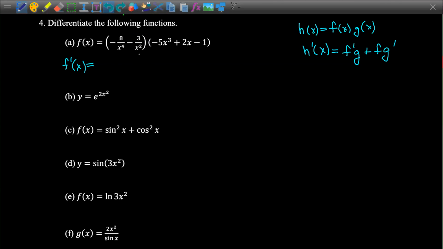So we have minus 8 times minus 4, which is positive 32x to the minus 5, and then minus 3 times minus 2 is plus 6 times x to the minus 3. That's the derivative of that first factor times the second factor left as it is. So we've done this first part of that product rule. Now we need to do the second part.